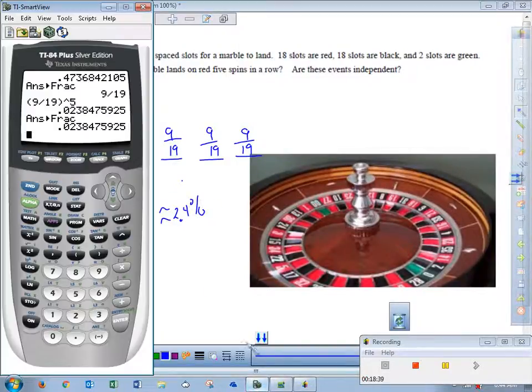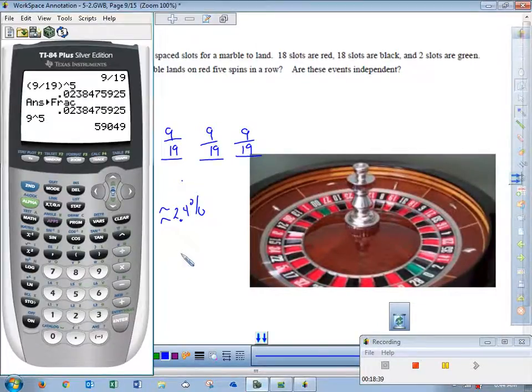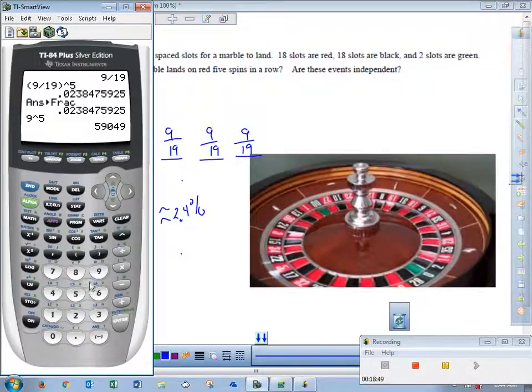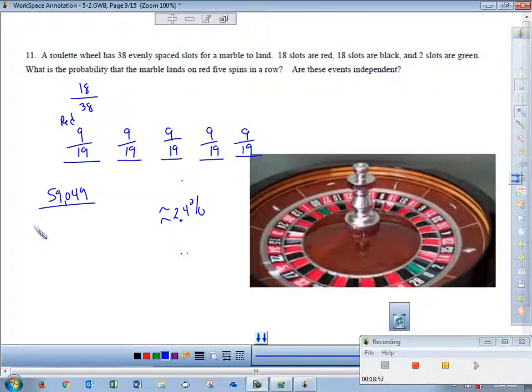So let's see what that really is. 9 to the 5th is 59,049. 19 to the 5th is 2,476,099. So nice, cool, big old number.